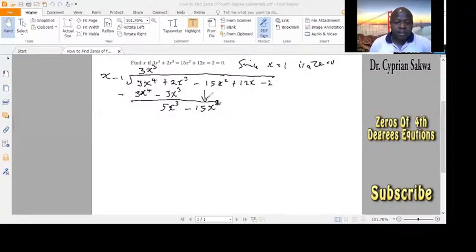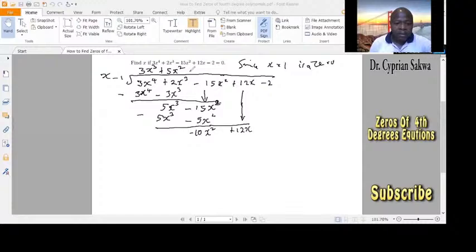So again, ask ourselves, how many times does x go here? And x goes here plus 5x squared. So 5x squared times the whole of this gives us 5x cubed minus x squared.